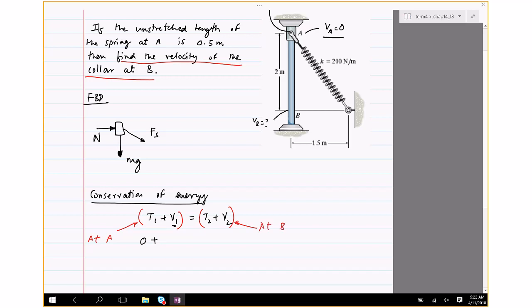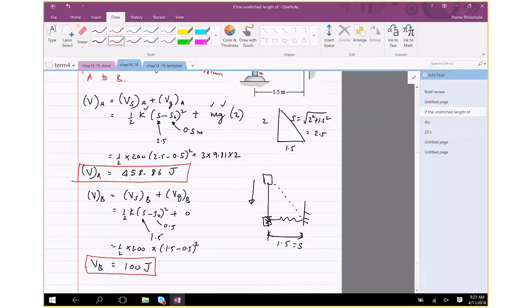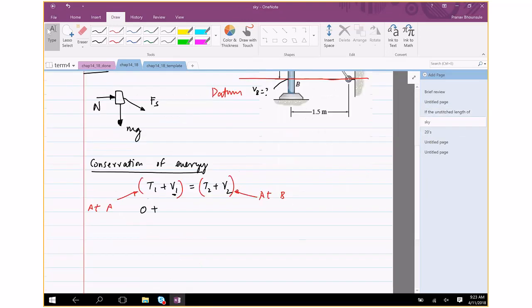But we already did that work in the previous part, right? We fixed the datum here and we found the potential at A. So I'm going to just use that instead of recomputing it. If you go back, it's 458.86, which equals the new kinetic energy, half mv square at B, plus the complete potential at B, which was found previously.